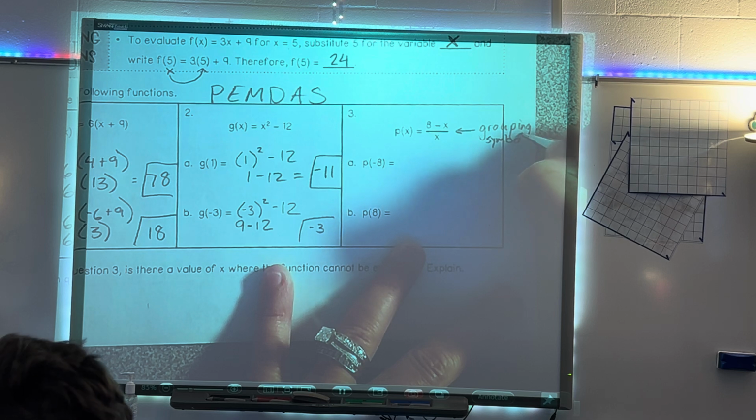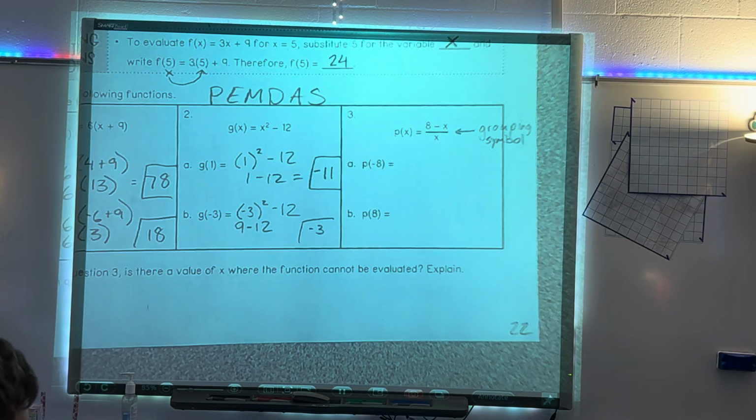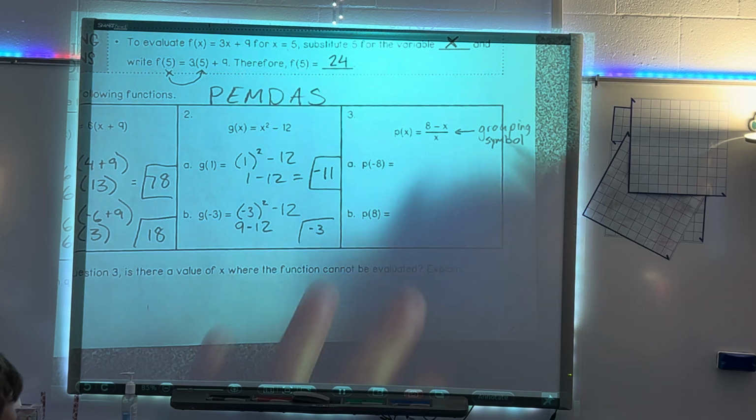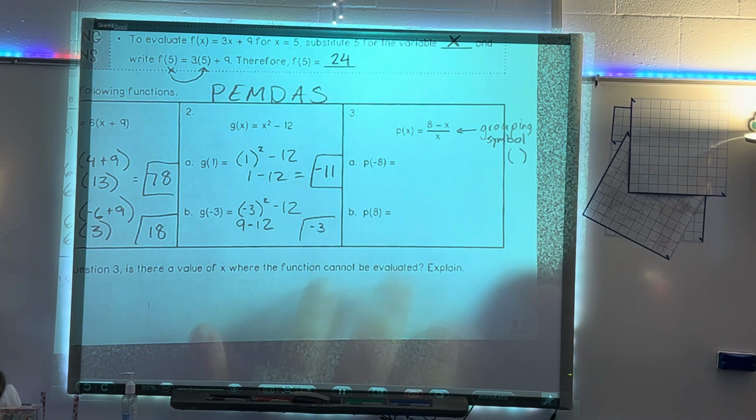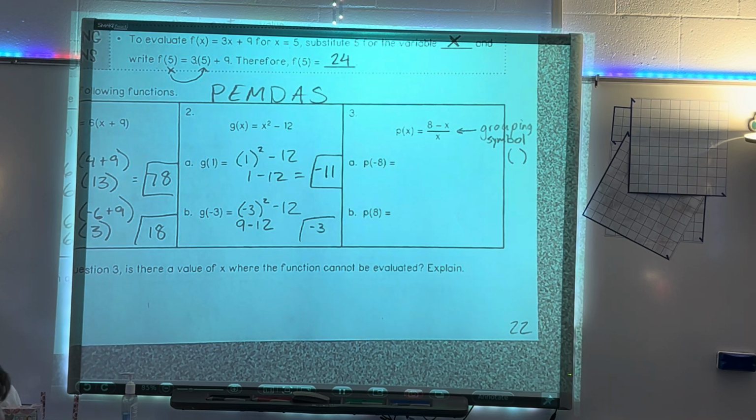Okay, typically grouping symbols that you're used to is a parentheses or a bracket or something like that. But the fraction bar also kind of represents a parentheses, meaning that my top is like a problem separated from the bar. So I need to deal with the top if I can evaluate it, and then deal with what the fraction bar also means, division, but I can't divide until I have whatever the top is.